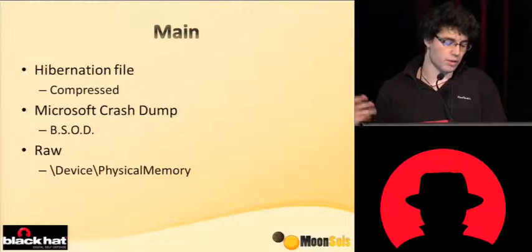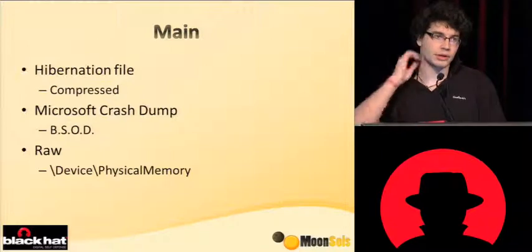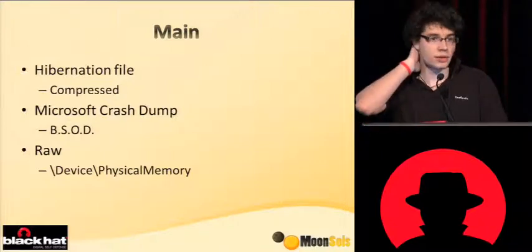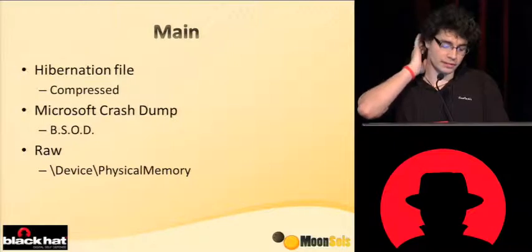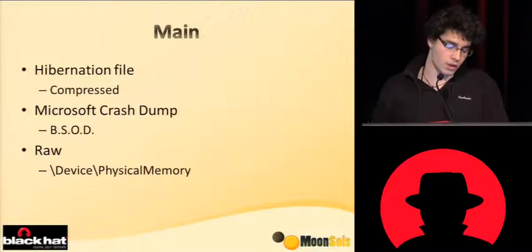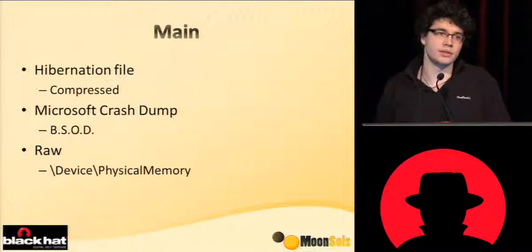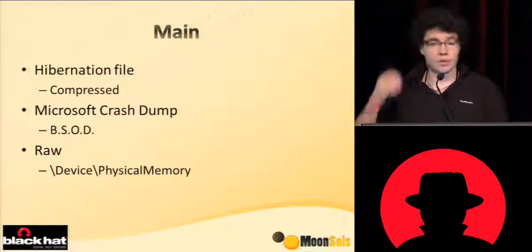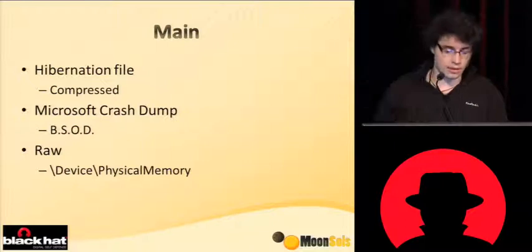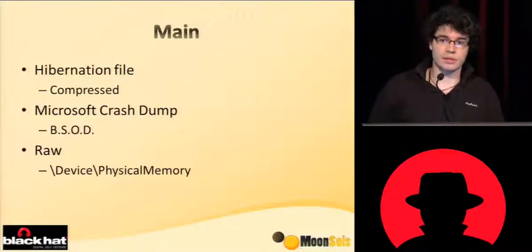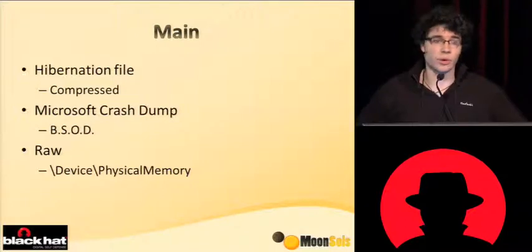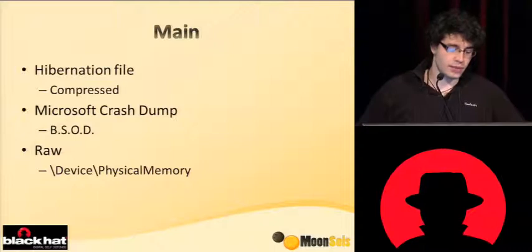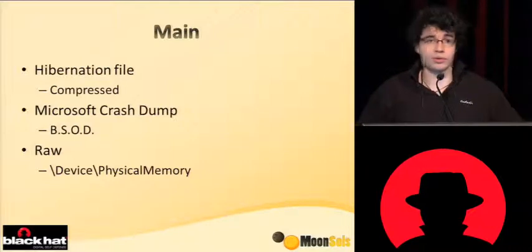All these three memory images have a different file format. Only the Microsoft crash dump is really easy to analyze because it has a specific file format, and Microsoft provides a tool to analyze it. Everybody is using the Microsoft crash dump, as I said at the very beginning, especially people who are looking for bugs, kernel developers or kernel troubleshooters.